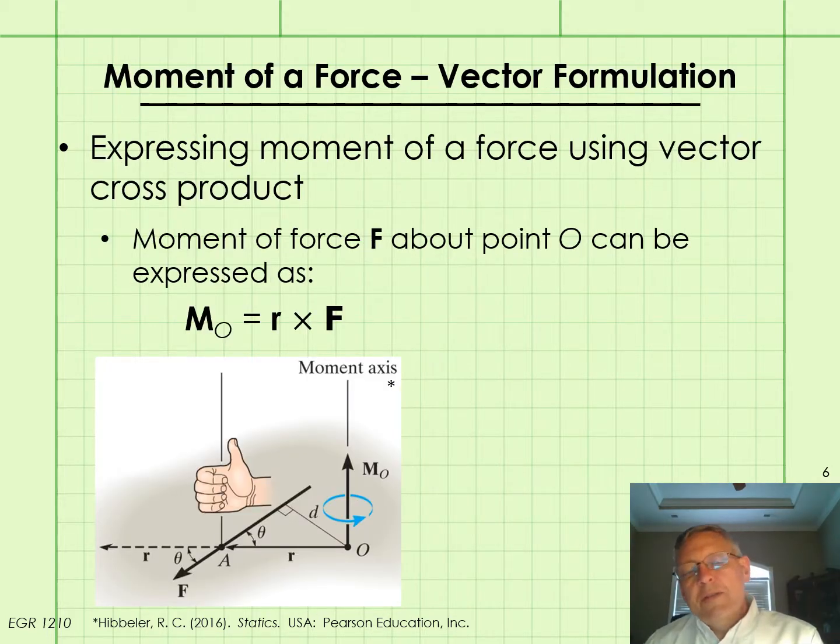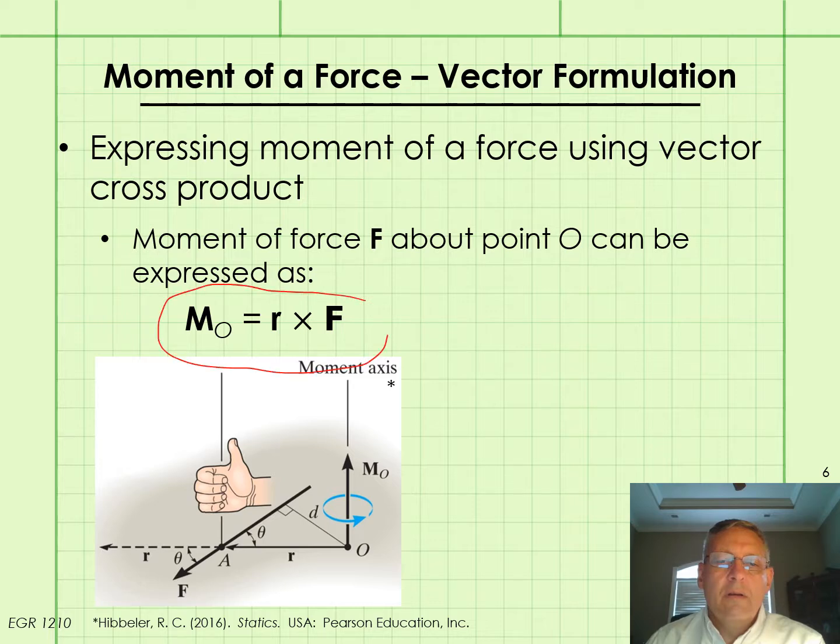Armed with all of this math, we can now begin the statics portion of the lecture. We can express the moment of a force F about some point O using this equation, where R is any position vector from the point O to the line of action of F. Let's look at this diagram here.